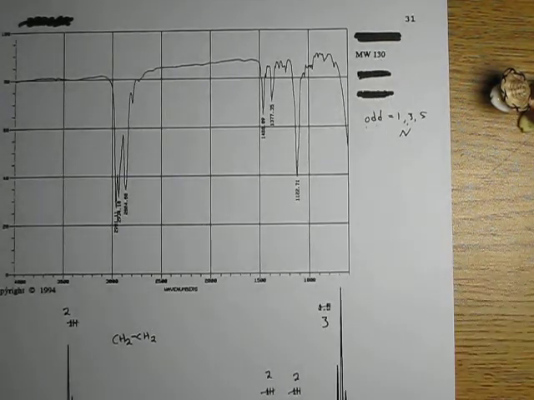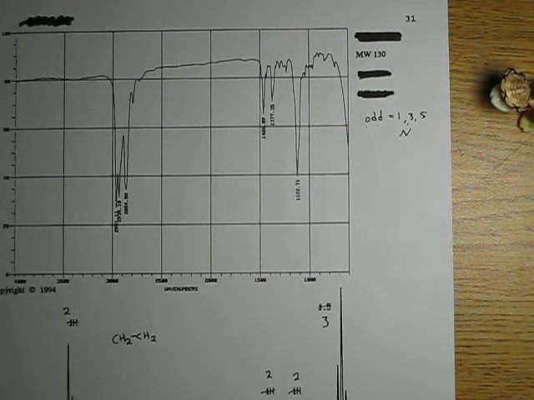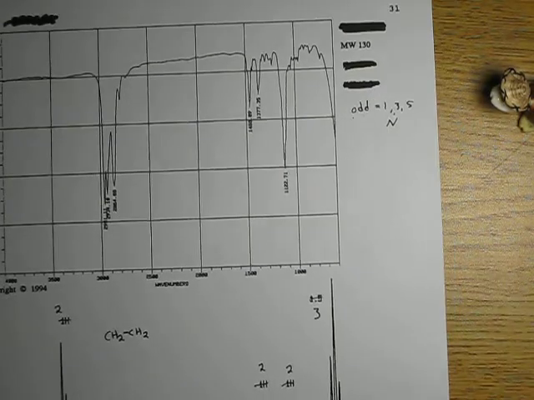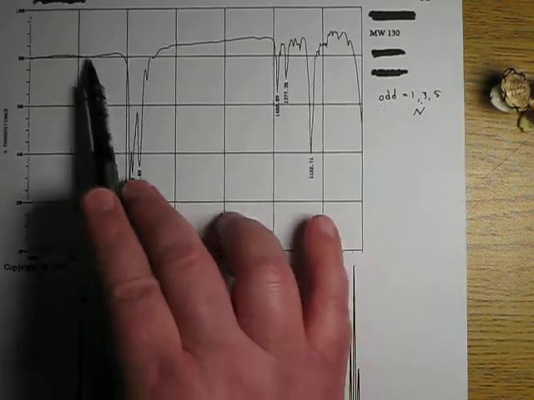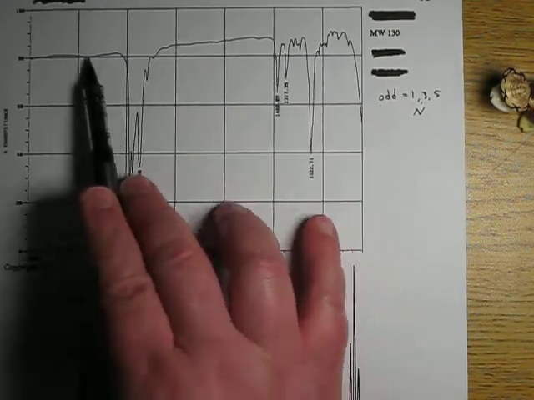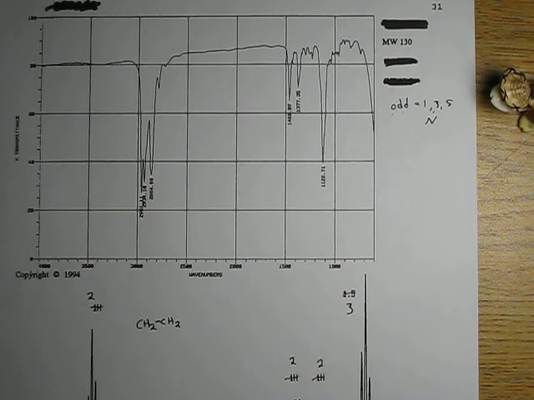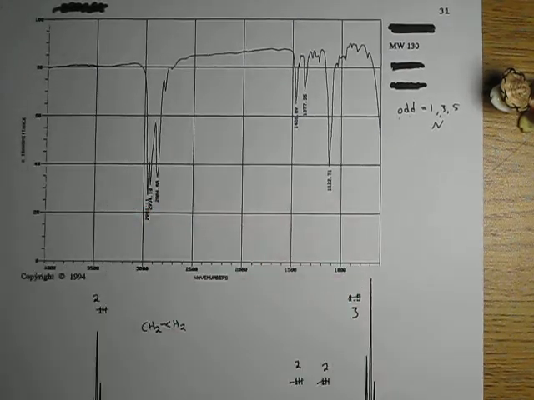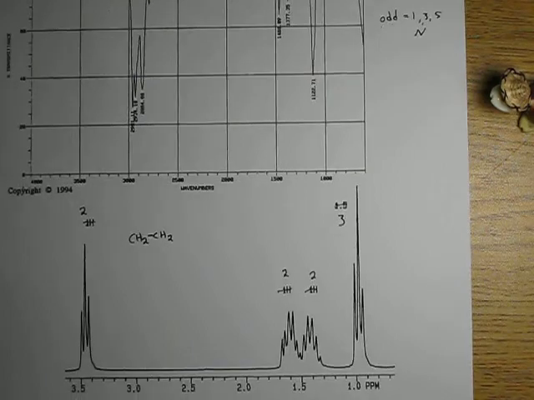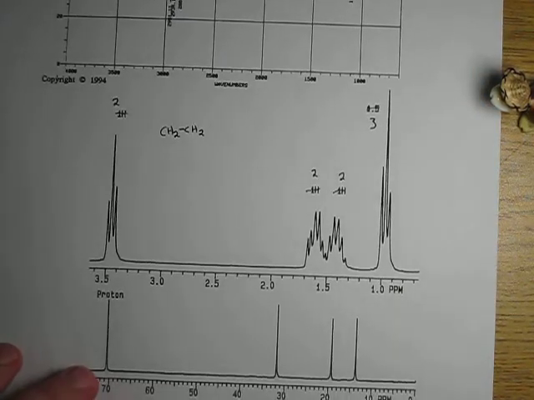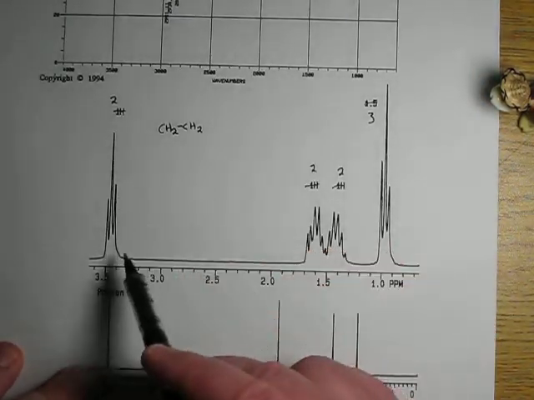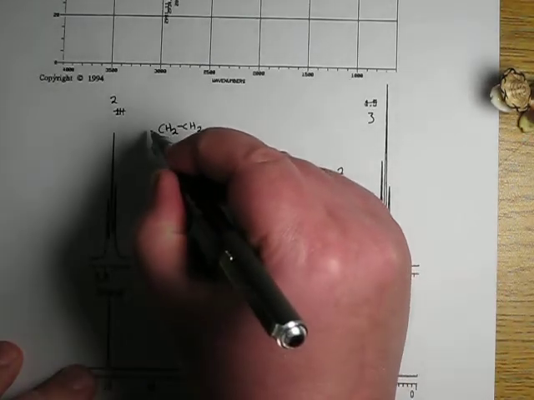An even molecular weight either means no nitrogens or maybe 2 nitrogens for your average molecule. And the fact that it's a molecular weight of 130 and I don't have anything that would indicate NHs in my IR, I'm just really doubting that there's any nitrogens in here with that even molecular weight and no NH stretches.